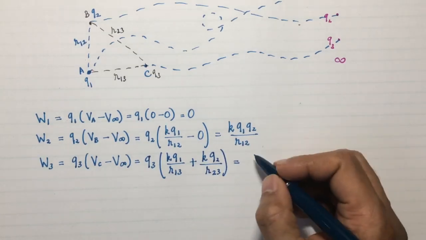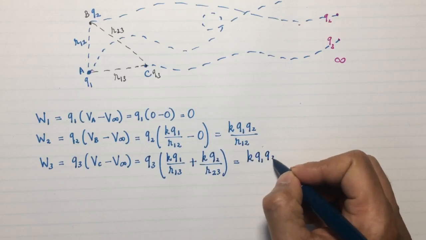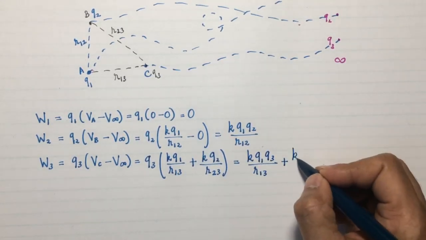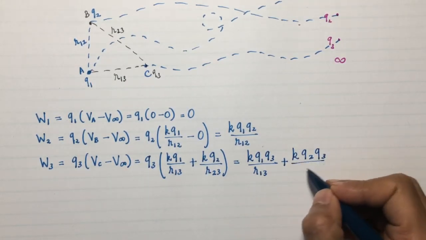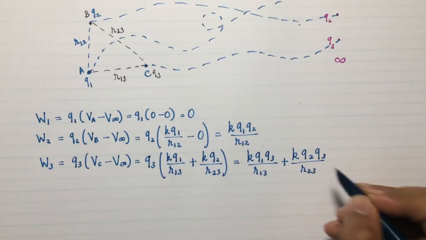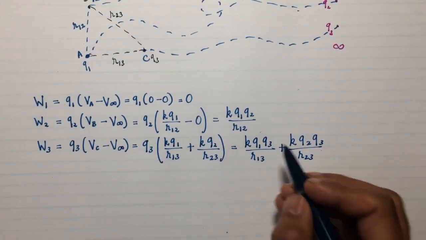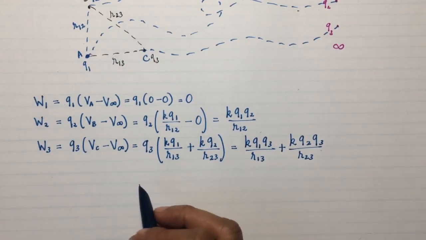So let's write this out. I get KQ1 Q3 divided by R13 plus KQ2 Q3 divided by R23. You can see this really interesting structure developing. The subscripts in the numerator and the denominator are the same in all these cases.